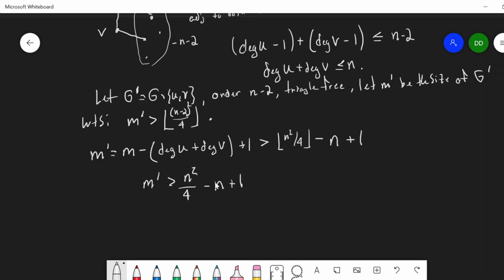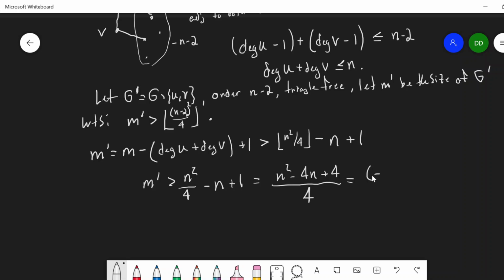Let's find a common denominator here, right? So it'll be 4n over 4 plus 4. So this is the same thing as n squared minus 4n plus 4 all over 4. Just finding a common denominator between all of them. And then the top I can condense, right?